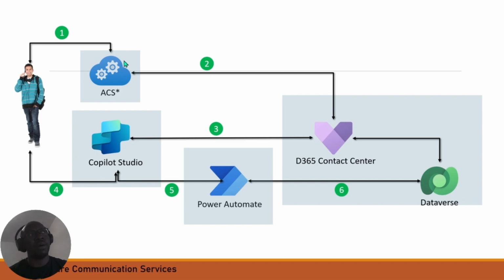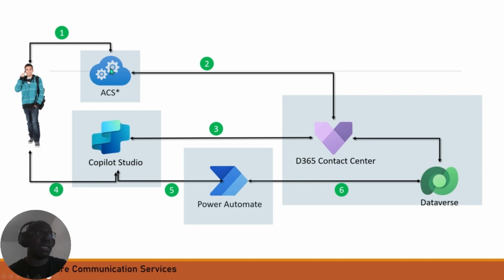You can either buy a phone number from Microsoft, so have a first party phone number from Microsoft, or you can link into ACS using a phone number that you already have from a third party. Regardless of the option you choose, ACS is the entry point. Now that call comes in to ACS, into a phone number.